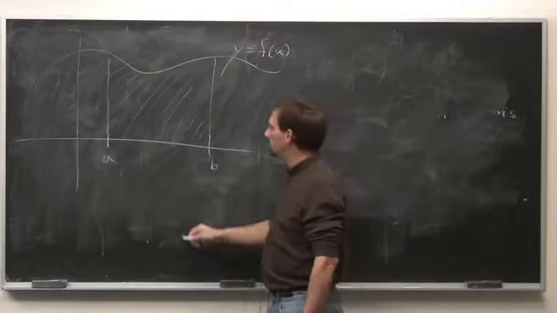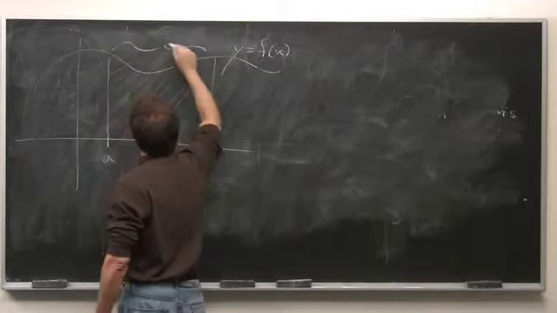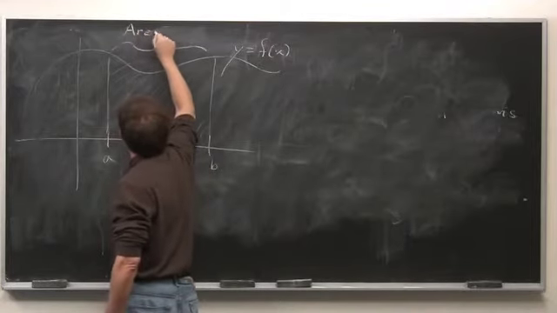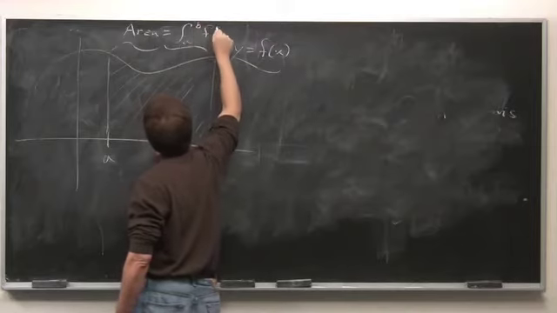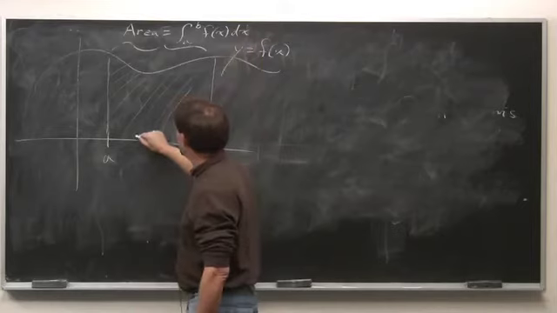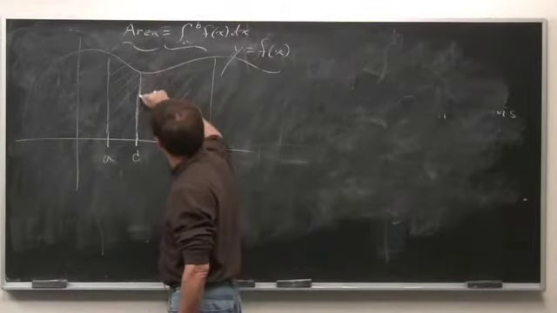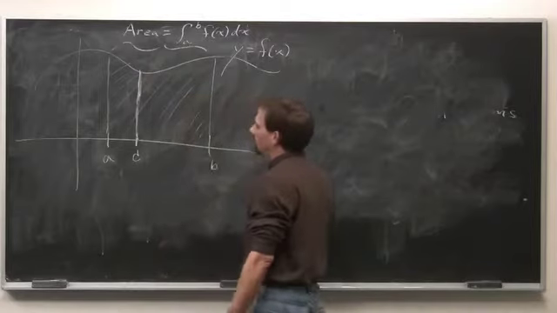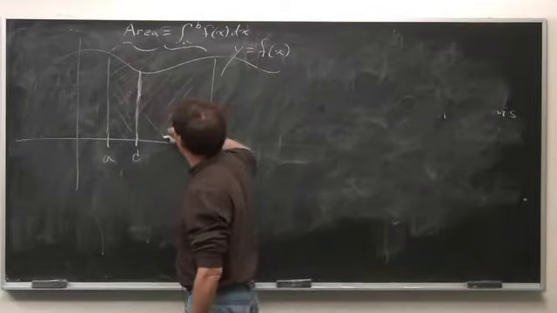So all this area equals the integral from a to b of f of x dx. But then if you take some c that's in between, well, then the area breaks up into two pieces. There's this area, and there's this area.